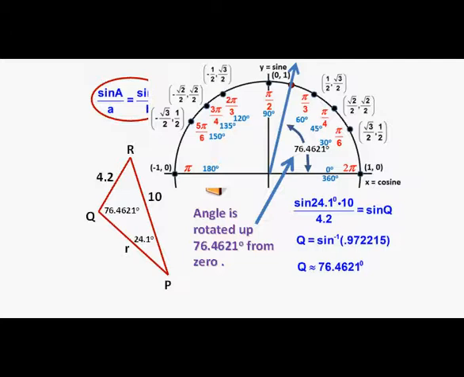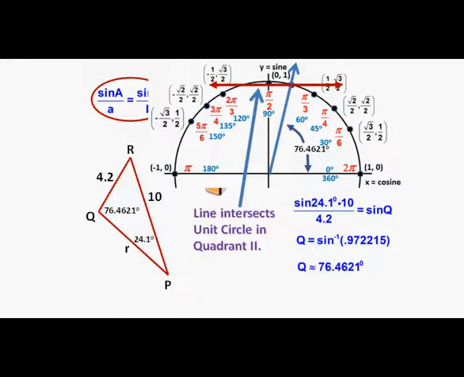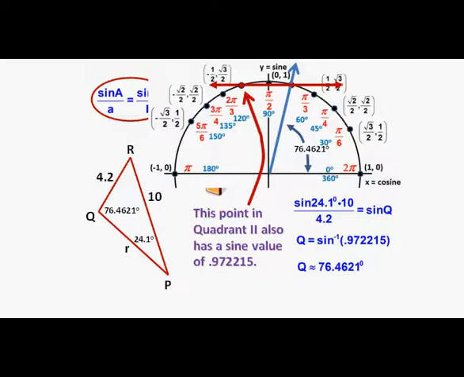Here's what is happening. Here, marked on my unit circle between pi over 3 and pi over 2 is the calculated angle Q, 76.4621 degrees. If we draw a horizontal line at this point, that line goes to intersect the unit circle to the left in quadrant 2. And this point in quadrant 2 has the same sine value as the point obtained by rotating 76.4621 degrees up from 0.